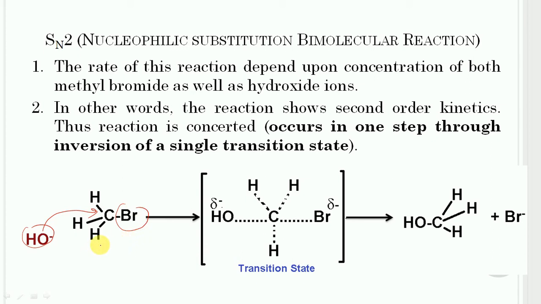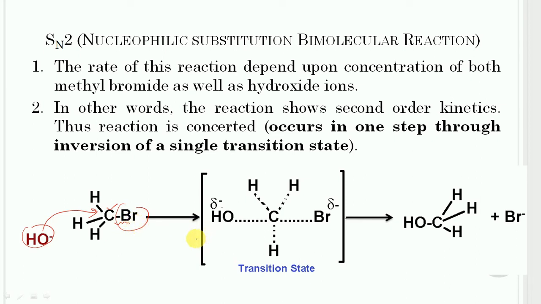As the hydroxide ion approaches the methyl bromide molecule from the backside, it starts sharing its electron with the carbon atom, and at the same time the bromine atom starts withdrawing its bonding electron.